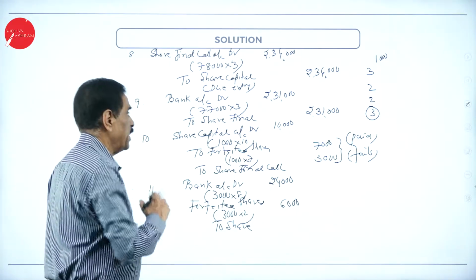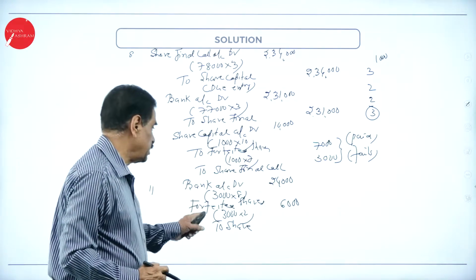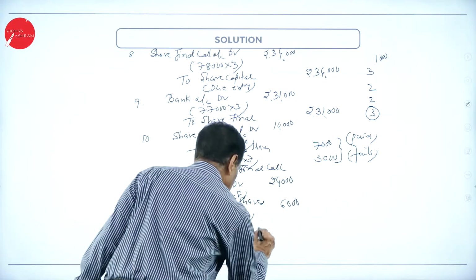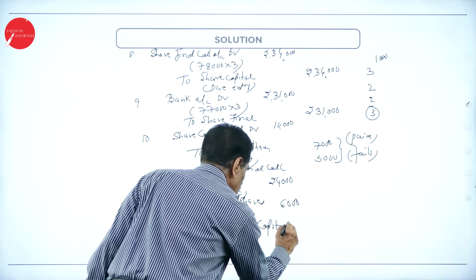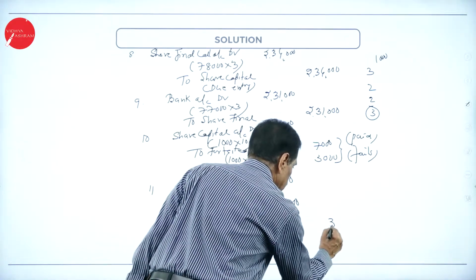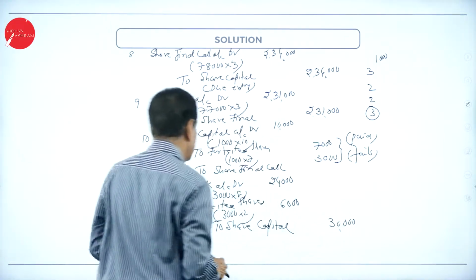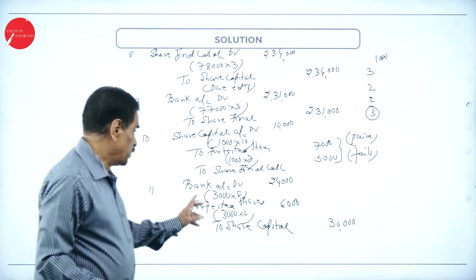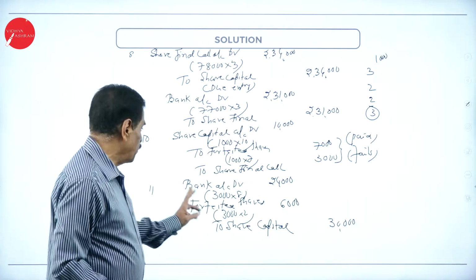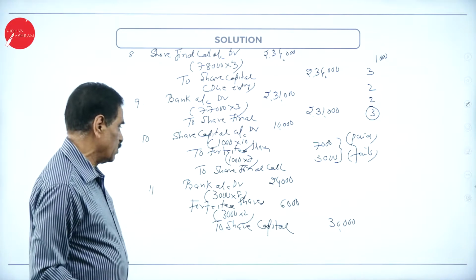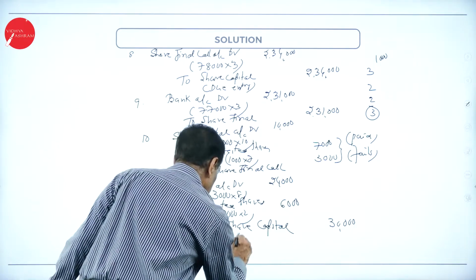Here, per forfeiture entry, we have this reissue to share capital, that is 30,000. How much you received? Forfeited entry 3,000 into 8, 24,000. Forfeited shares account debtor 6,000, to share capital being reissued.